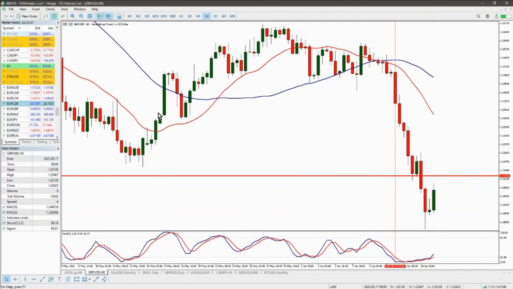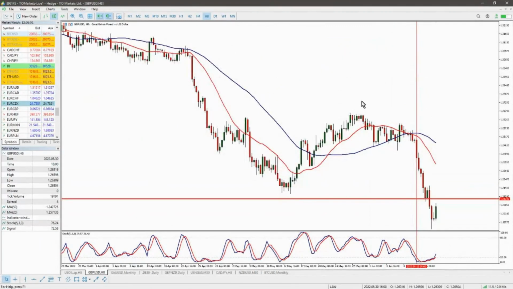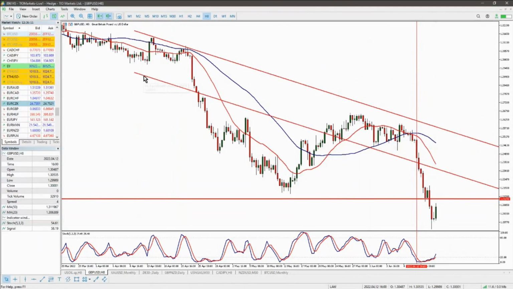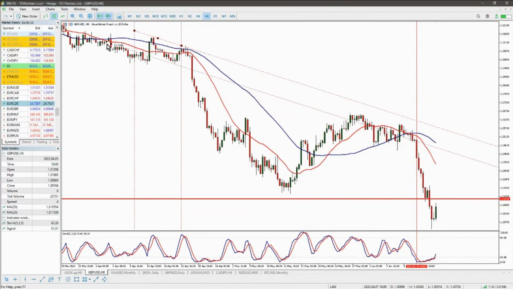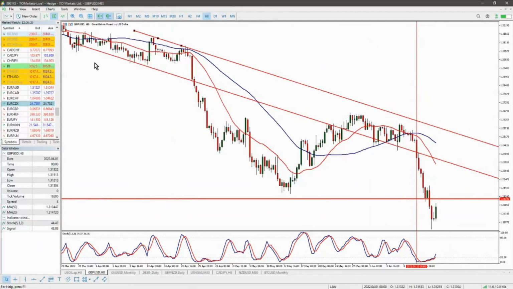And if you want to look for oversold or overbought conditions, what you need to do is to look for a trend. Let me say this again. If you want to sell overbought areas, then you need to look for a downtrend. So here we have the moving averages pointing lower, we have the channel pointing lower here, and here, can you see this?